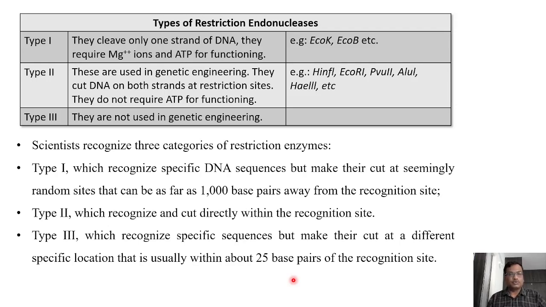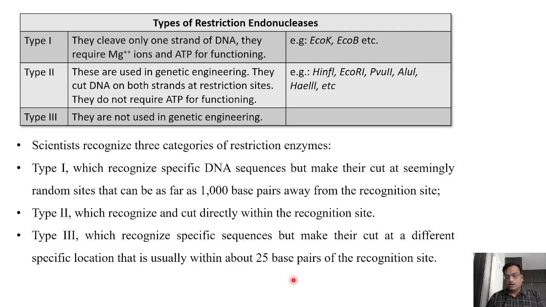Types of restriction endonucleases. As I already told you, it is a repetition. Restriction endonuclease enzymes are obtained from bacteria. There are so many different types of bacteria available, and based on the source of bacteria, the restriction endonucleases are named.